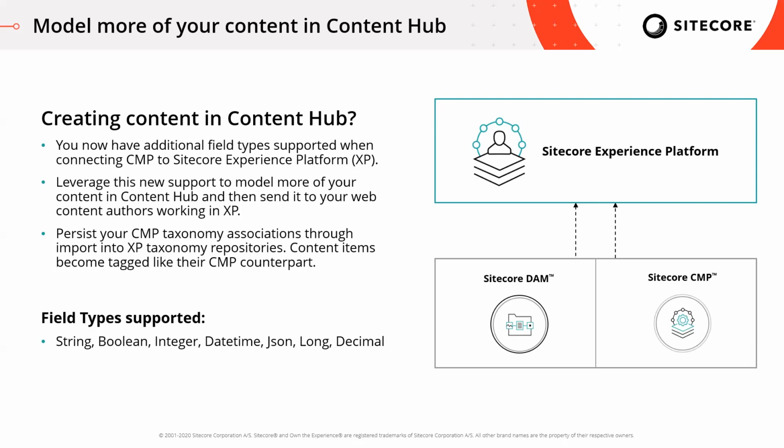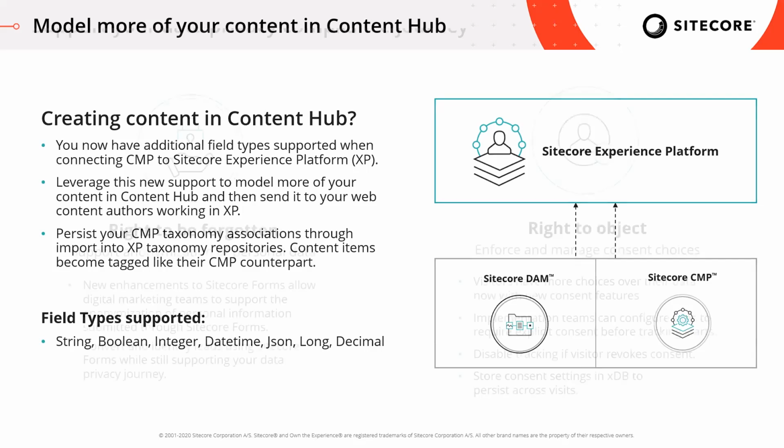And they want this content to be consistent. And so more work was done to make sure that as an author, you can work in Content Hub, develop all your models, put it all together, and then have that flow better into Sitecore Experience Platform, keeping more of the taxonomy, having more field types supported, just a little change, able to make a lot more use cases open up.